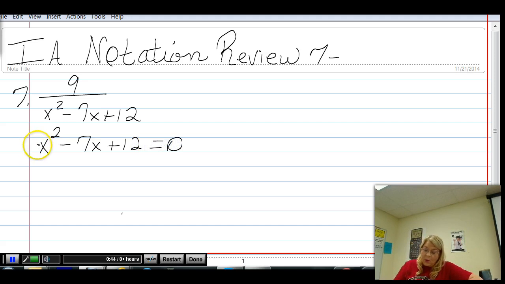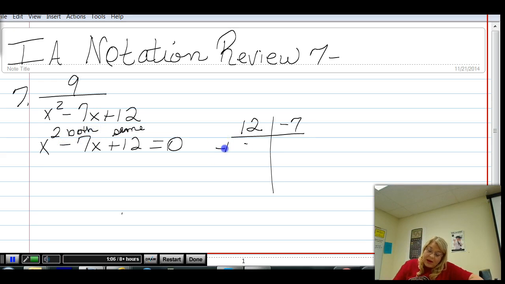To factor, I go 1 times 12 is positive 12. I want the factors of 12 that give me negative 7. The factors of 12 are 1, didn't read my signs. The signs are the same. They are both negative.